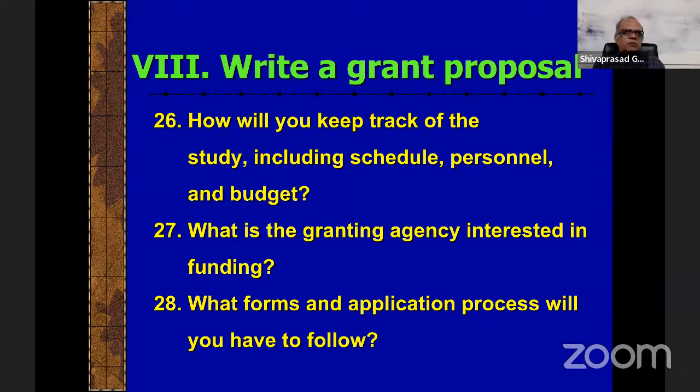Some even go to the extent of defining the font size, font type, page margins, word limits, hyphenation, use of all kinds of punctuation. And if you are not compliant, it only means that you don't care. So why should the funding agency care for you when you are not careful enough to follow the rules and expectations of the funding agencies?